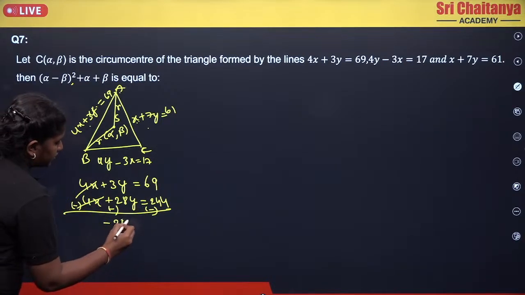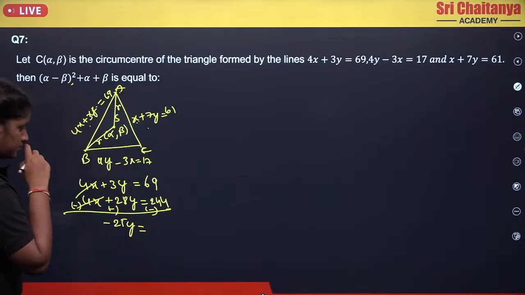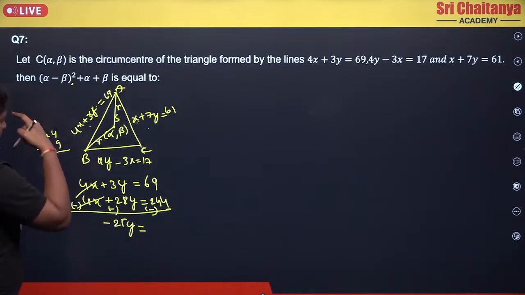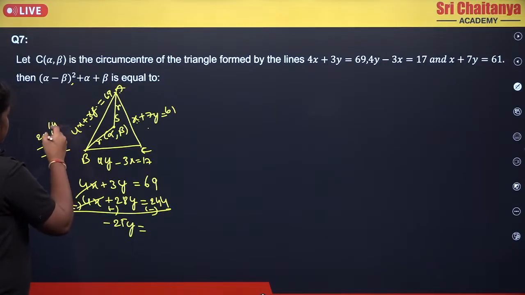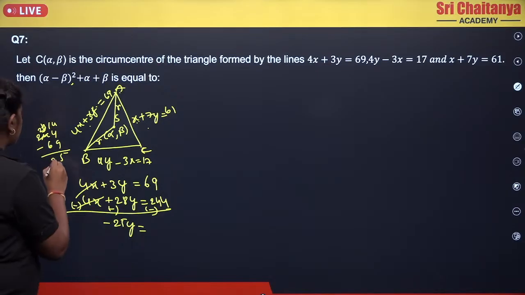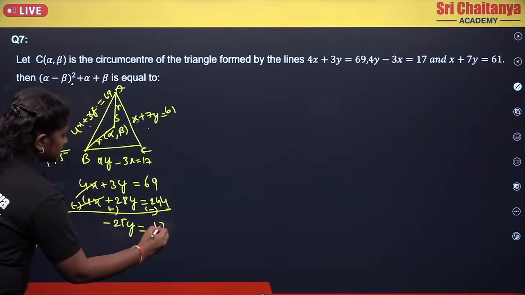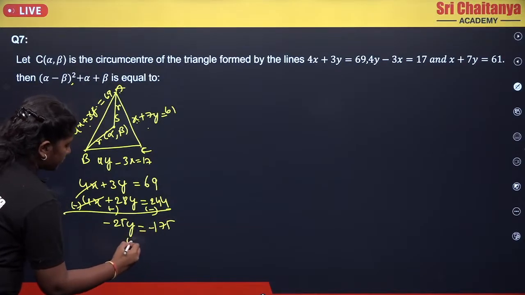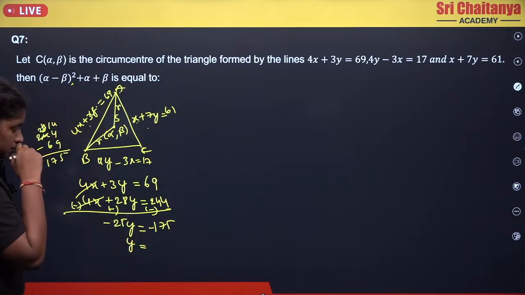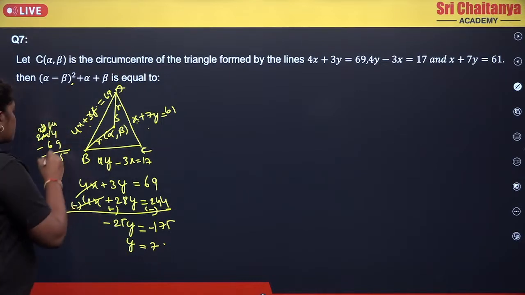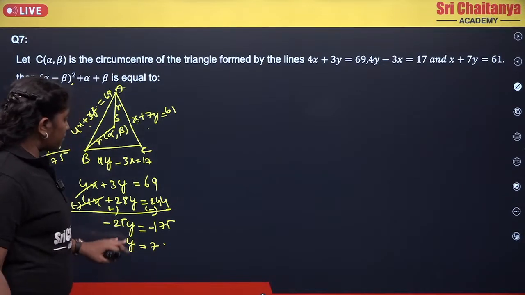So minus 25y equals minus 175, and y equals 7. Clear? So if you do the calculation, you will be getting your y value as 7.